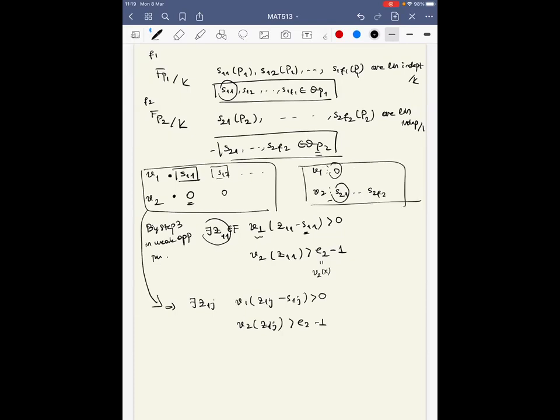Similarly, for the functions we fixed from here, we are able to find functions z_2j. They have a zero at P1, with multiplicity bounded below by v_1(x) minus 1, and the difference between z and s_ij has positive valuation at P2.